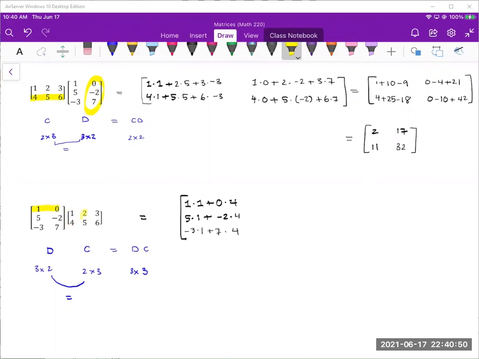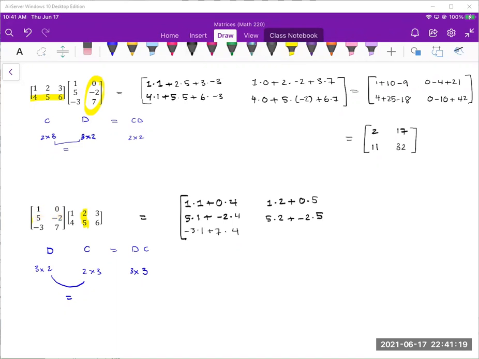Next, we're going to look at column 2. We have 1 times 2 plus 0 times 5. Next, we move down to row 2. So we're producing the row 2, column 2 entry of the product. We have 5 times 2 plus negative 2 times 5.